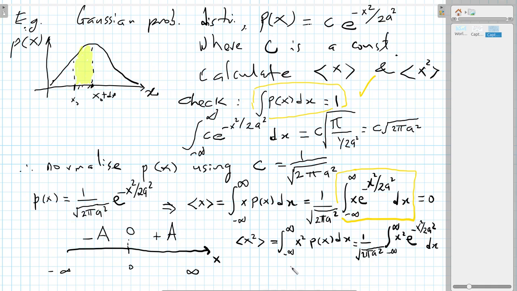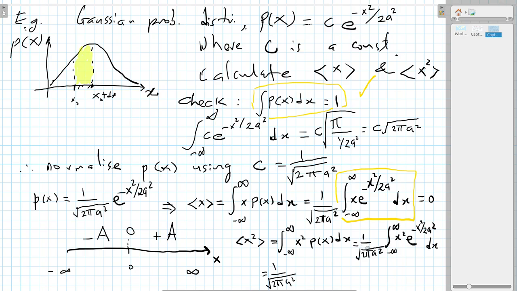So there is a formula for that. If we just put in the formula, this is going to be equal to 1 divided by the square root of 2 pi a squared, which is the constant coming out of the integration sign here.